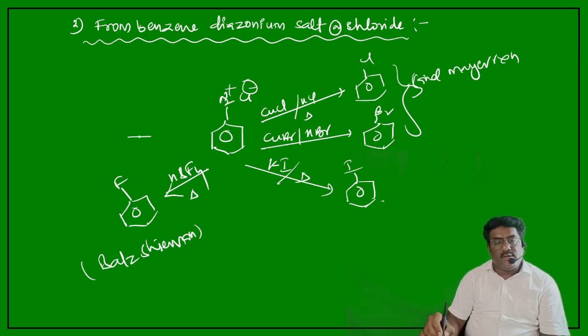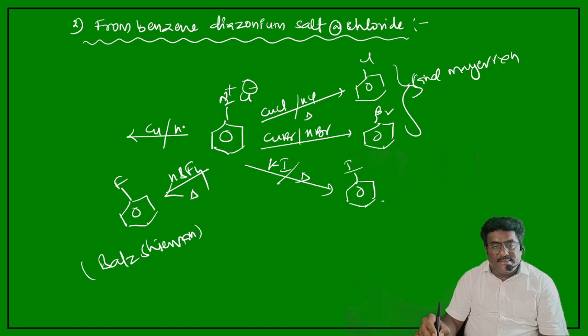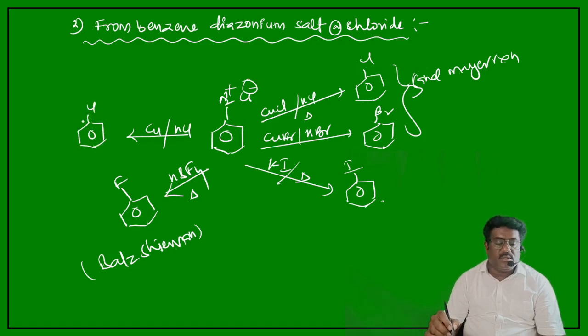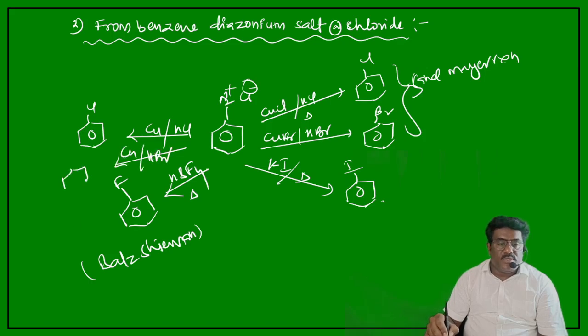If it is treated with copper and HCl, it gives chlorobenzene. With copper and hydrogen bromide, it gives bromobenzene. It is a Gattermann reaction.